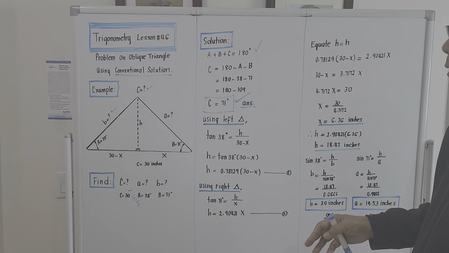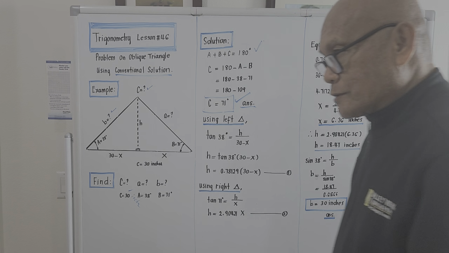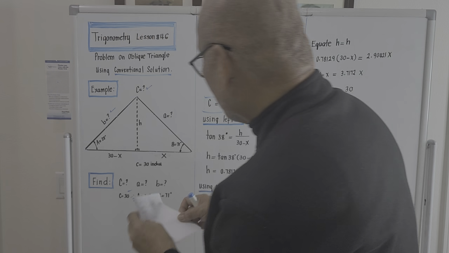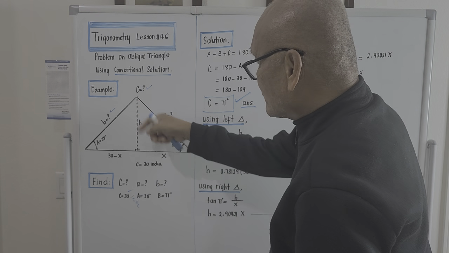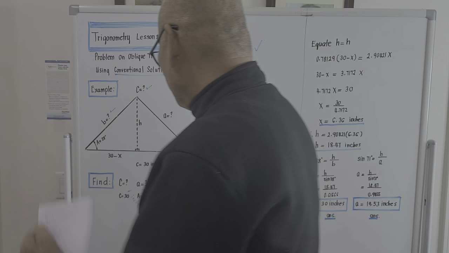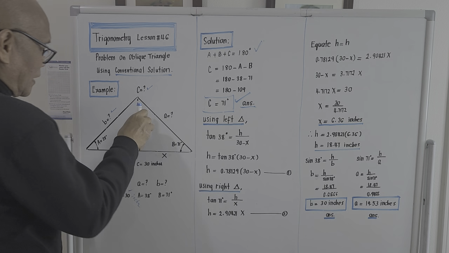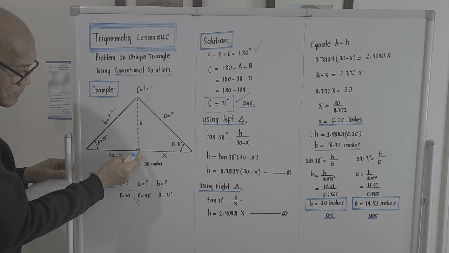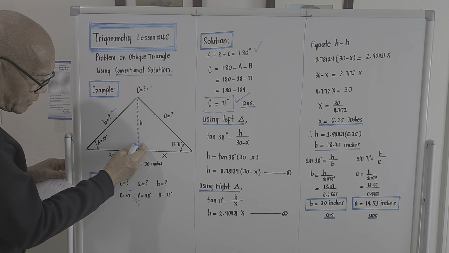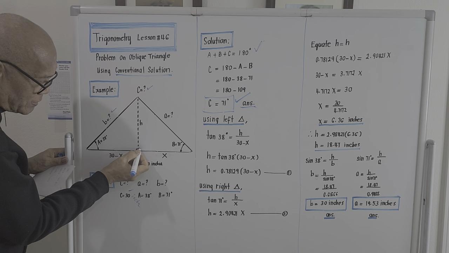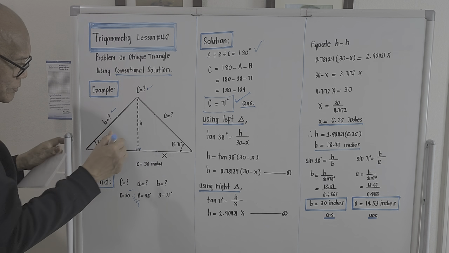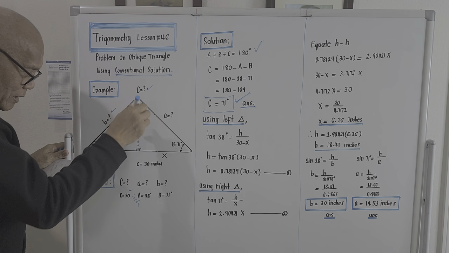Okay? There are two right triangles here, because originally the dotted line was not present, so I just dropped the vertical line. This vertical line, the dotted line, is perpendicular, so this is 90 degrees for both the left and right triangles. We represent the altitude of the oblique triangle to be h.